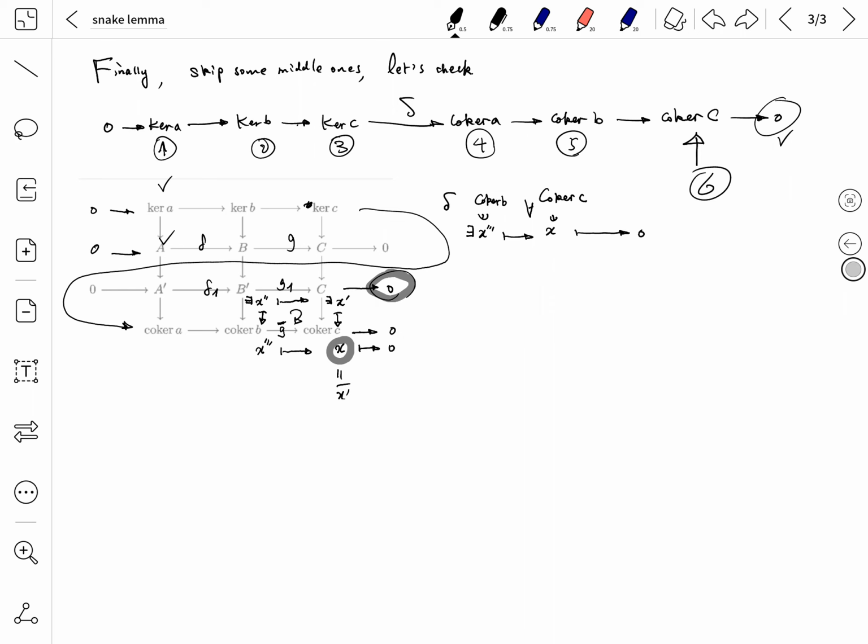So look at this x prime. Because this is surjective, we can find some x double prime, which is a pre-image of x prime. And by commutativity of this diagram, this x double prime will be mapped to some element x triple prime. By the commutative diagram, the x triple prime is one pre-image of x. So this is surjective.